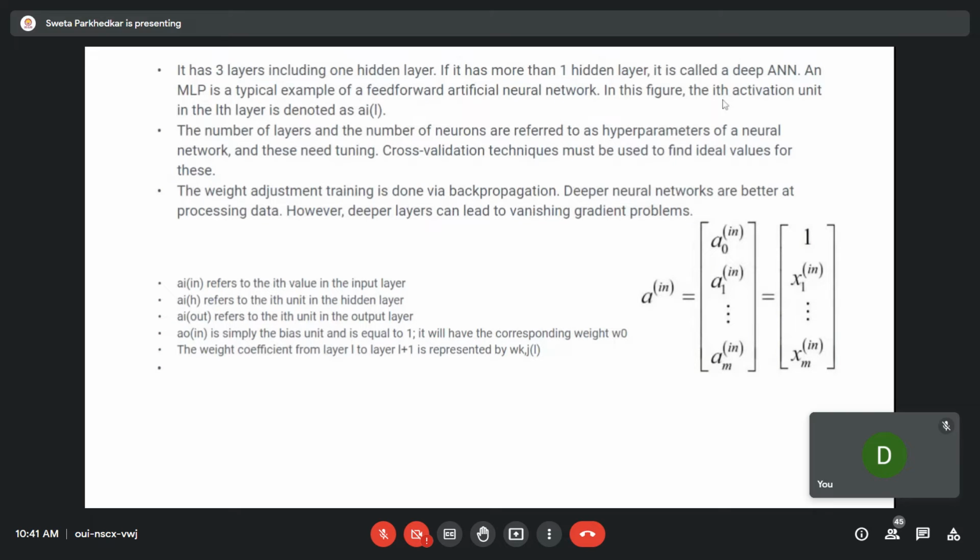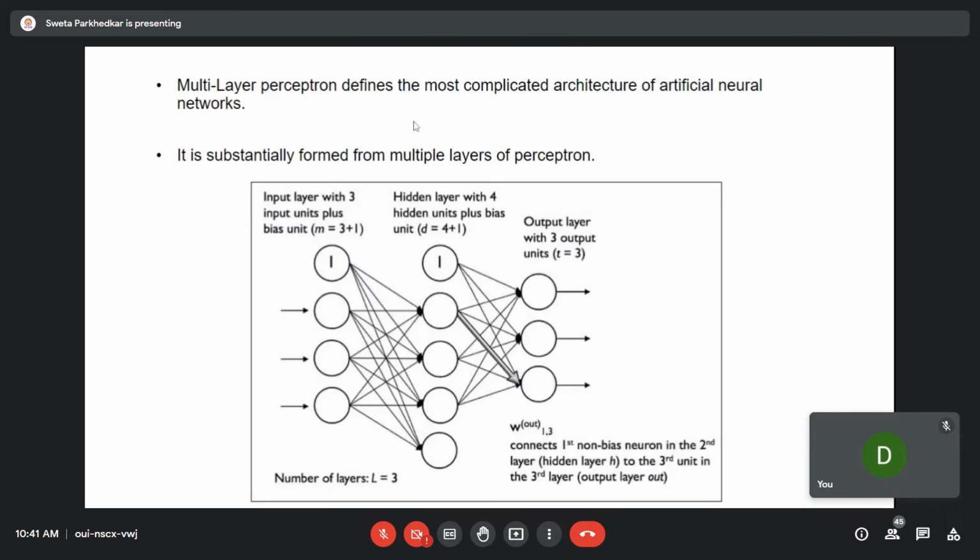And in this figure, the ith activation unit in the lth layer is denoted as A_i of l. Now what it is saying, the number of layers L equals 3. The output they have denoted by T, the hidden layer they have denoted by D, and M are the input layers.